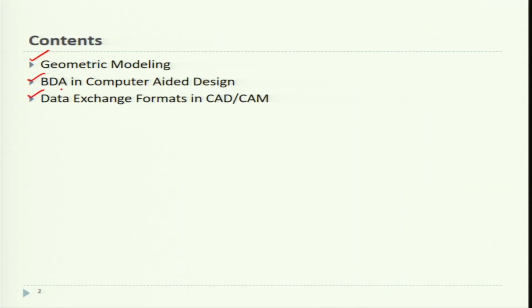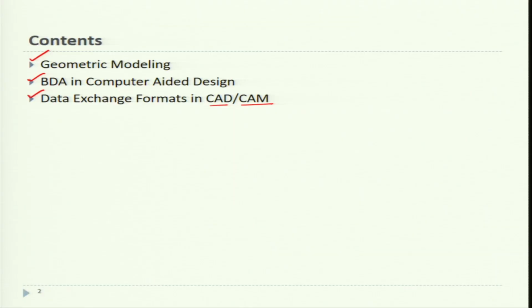Then data exchange formats in computer-aided design and computer-aided manufacturing. When computer-aided design communicates with the manufacturing, that is, the CNC machines, then comes part programming. How the part programming is supported by the CAD, the DSS for part programming, we will discuss in this week.